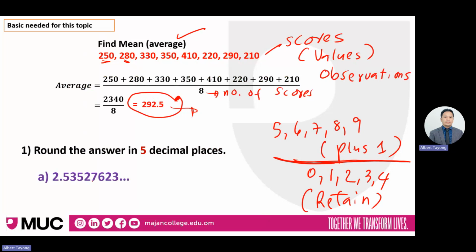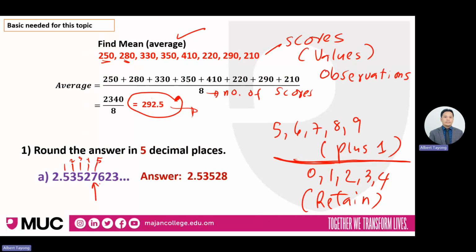For example, we have 2.5352762 and we want to round this to 5 decimal places. This is the first, second, third, fourth, and fifth.